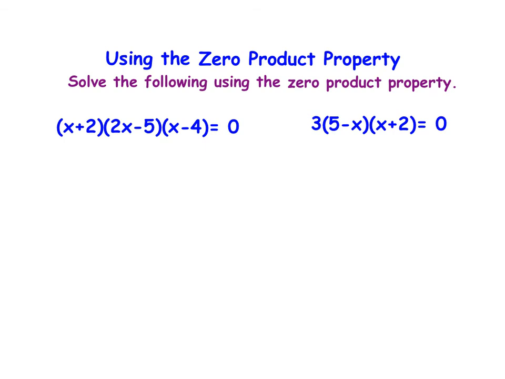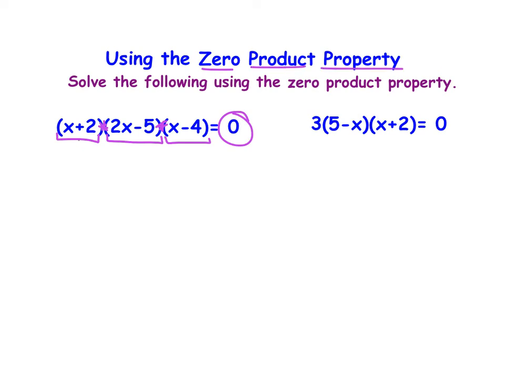So in these two examples, notice that we have three items being multiplied. So I have x plus 2 times 2x minus 5 times x minus 4. But the nice thing is the same property applies. We have something times something times something equals 0. That is the zero product property.